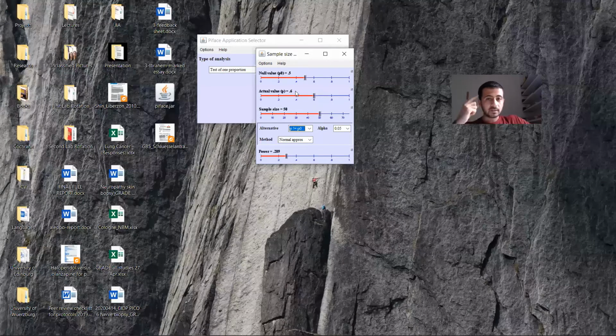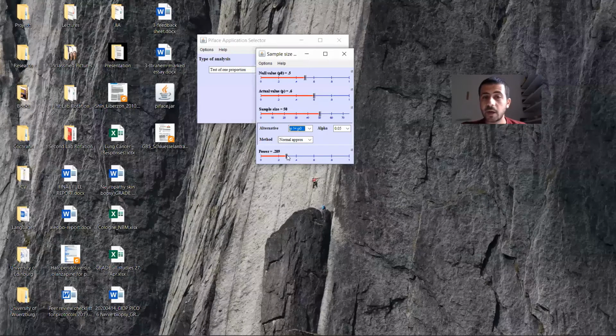And remember, to calculate a sample size, I will need to estimate it or to expect. Do I expect it to be 10% higher? Okay, I expect it to be 10% higher. So the normal one is 50%, and I expect 60%.